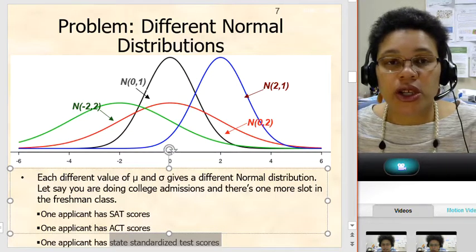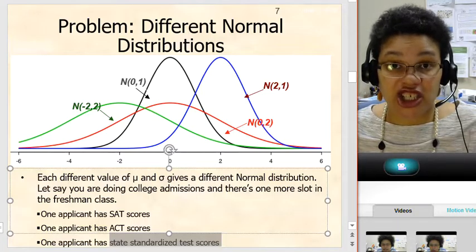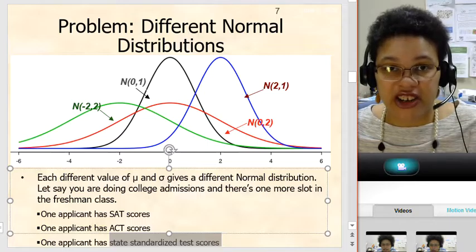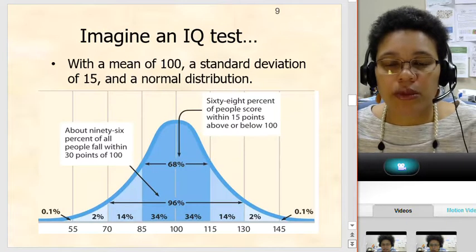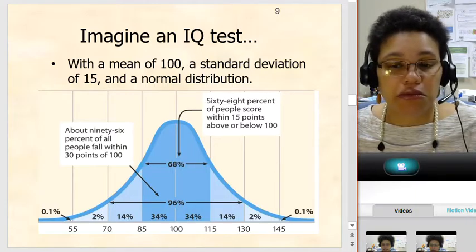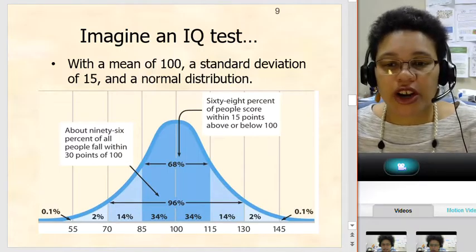If we knew the mean and standard deviation of whatever state standardized test that was, then we could know, because of the standard normal distribution, where the student is falling. Are they kind of in the top 2%, 16%, in the top half, or somewhere below the mean?